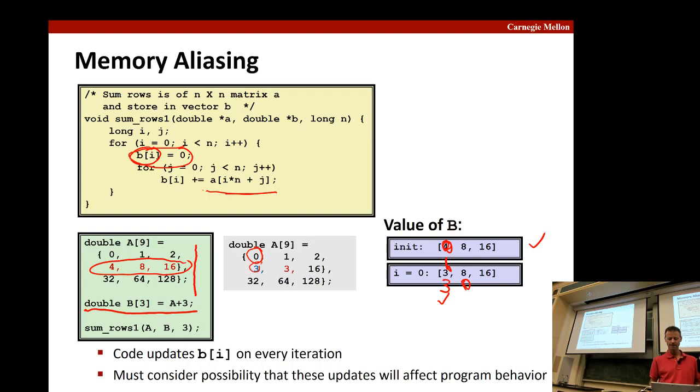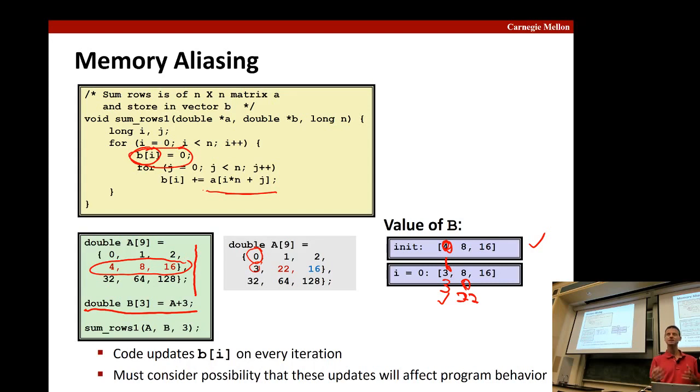Then we start to accumulate, so we add this 3, and then we add 3 to itself, and we have a 6, and now we add the 16, and we get a 22. So it makes sense from B's perspective, but the values were changing on the fly. It's no longer even the sum of this row.